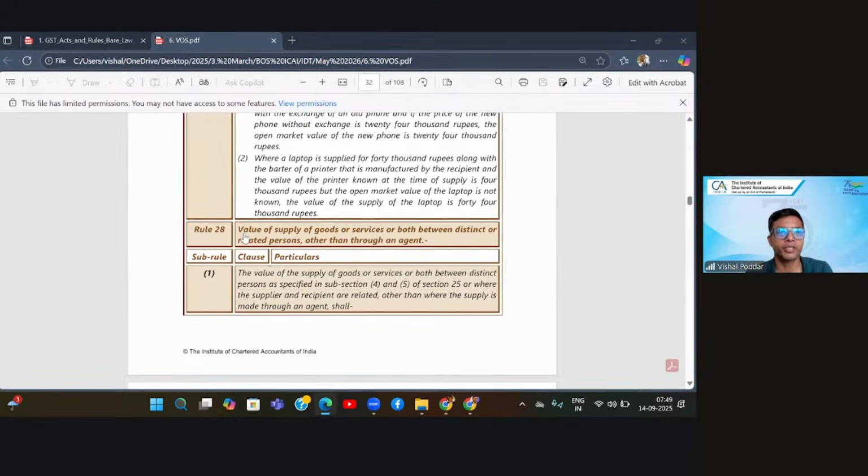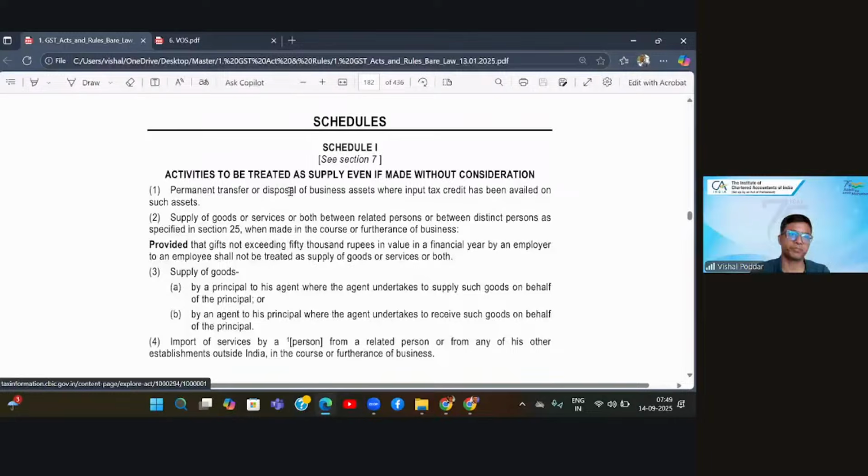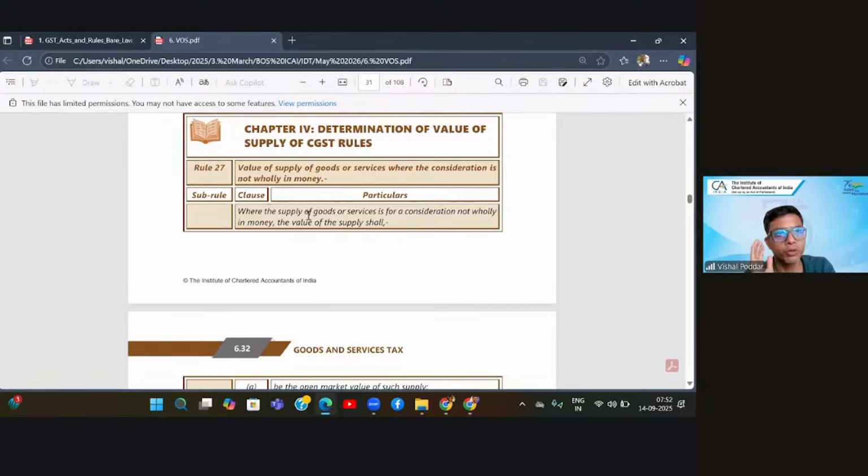The first transaction is permanent transfer or disposal. Whether this will be covered in 27, because everybody said 27, or this will be covered in 30 as what Chitra said. Now, third breach. What is the third breach? Should be able to know which rule will apply.